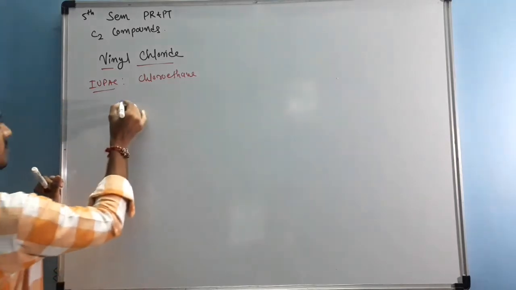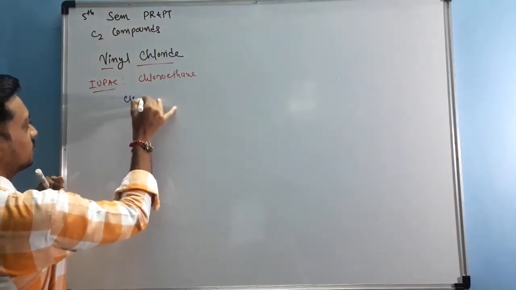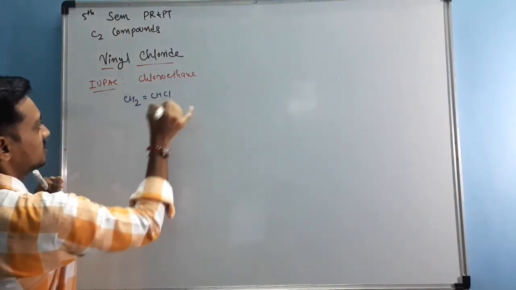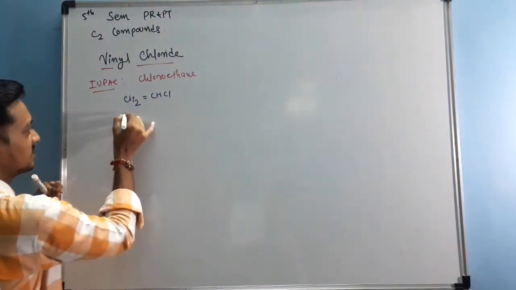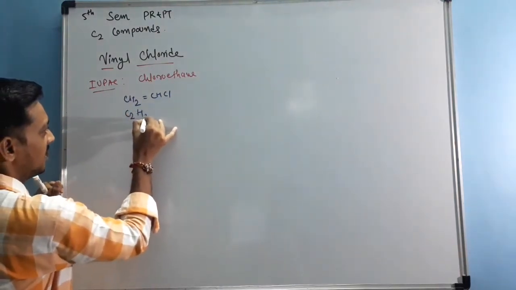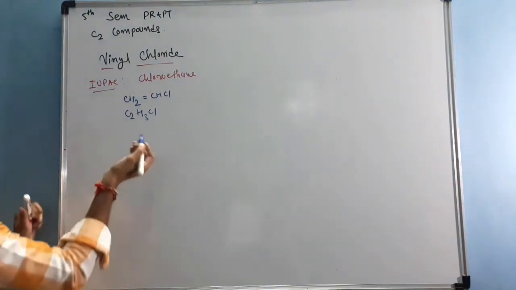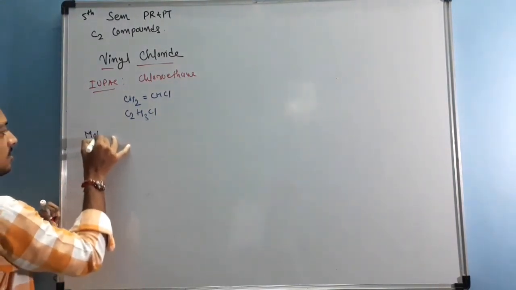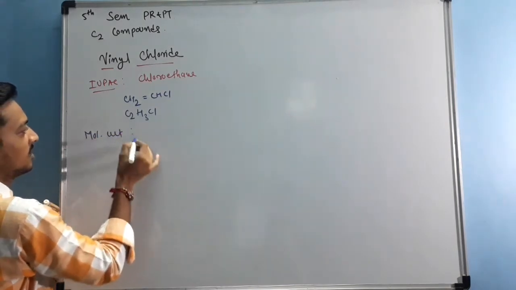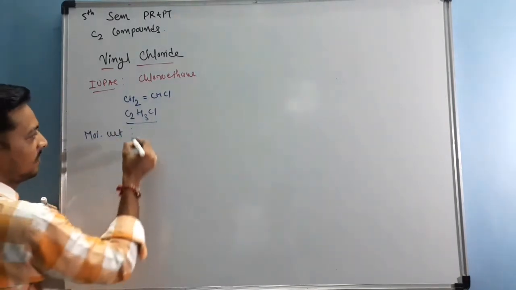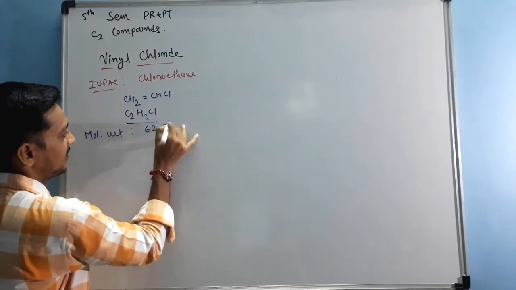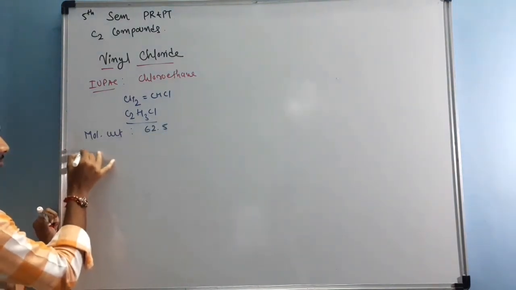Formula CH2=CHCl, or we can say C2H3Cl. Okay. Molecular weight, you can find out by its formula, 62.5.